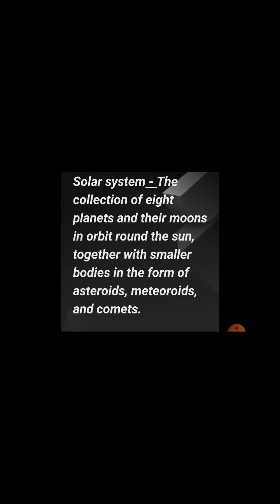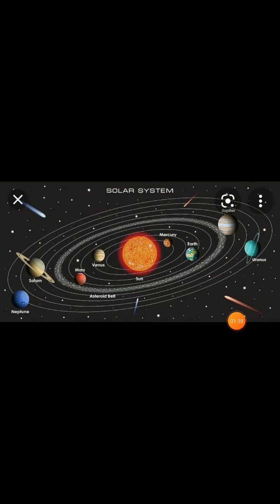Here we can see that sun is the center of the solar system, and the moons orbit around the sun. I'll explain once again. Here there is a sun, and we can see the oval shaped lines. Actually there is no line like that, but it's a path.